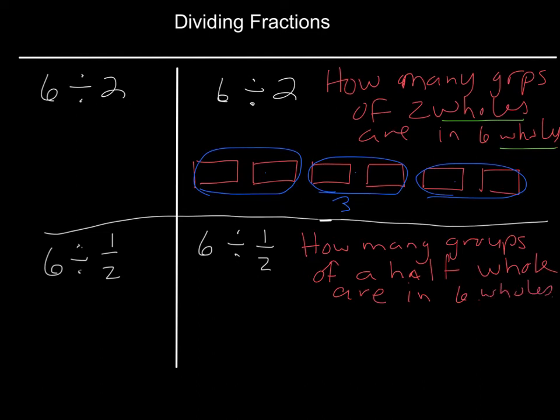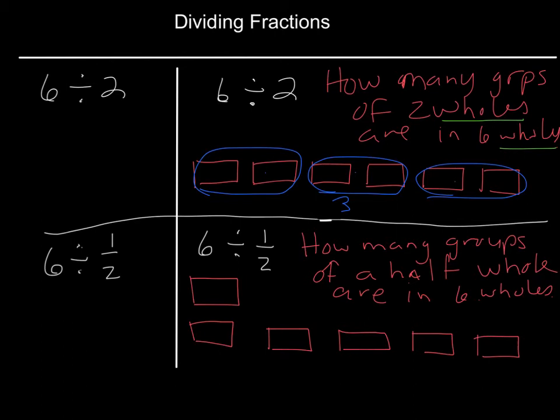Okay, so like I did before, I'm going to start with my 6 holes. 1, 2, 3, 4, 5, and I'll put one more up here, 6. Okay, so there's my 6 holes. Now we're looking for halves of them.